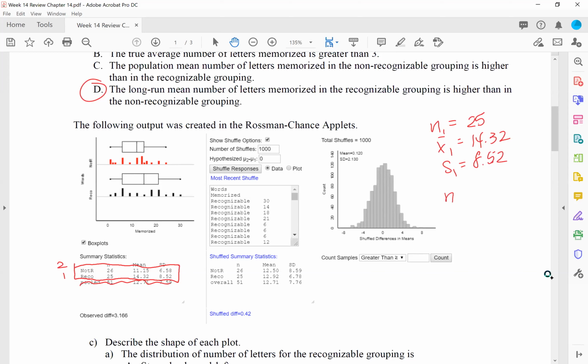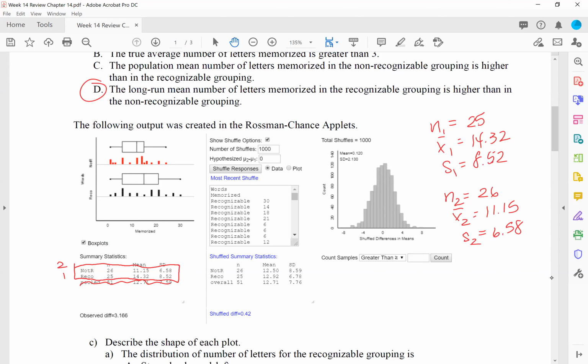The sample size for group 2, which is the non-recognizable group, is 26. The sample mean for group 2 is 11.15, and the sample standard deviation for group 2 is 6.58.